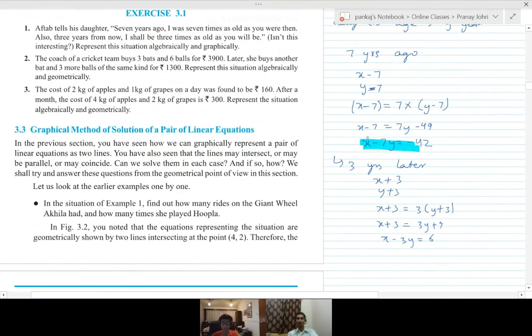A quick tip and guideline for plotting the graphs: if we have bigger numbers, suppose in the next question that would be multiples of 100, you need to take the scale accordingly. And in this one, if you carefully see the graph, the lines are not touching.